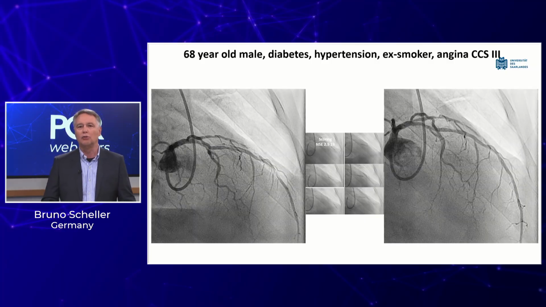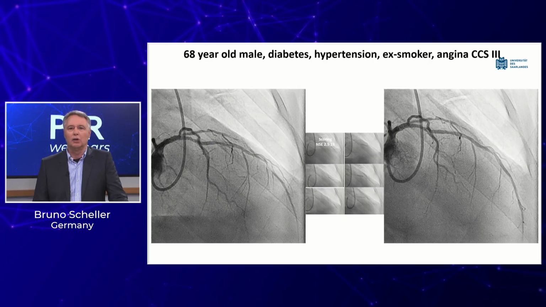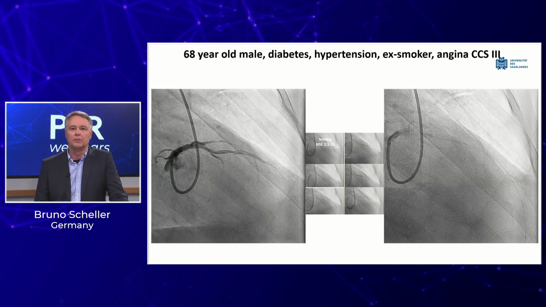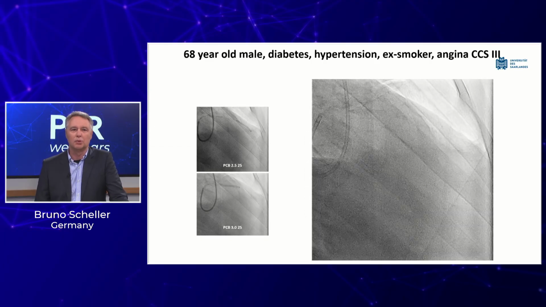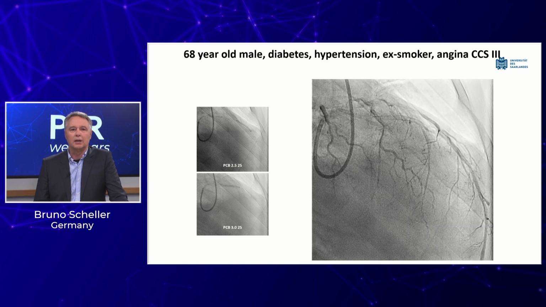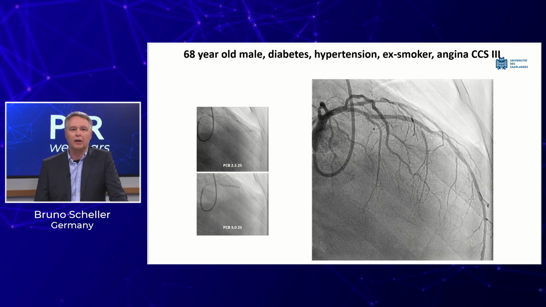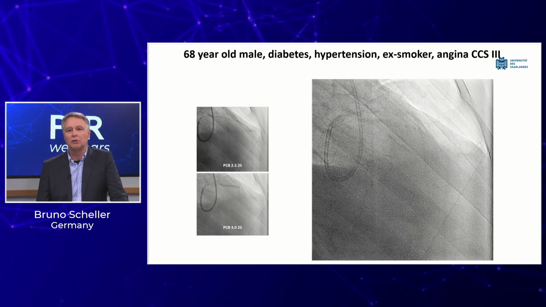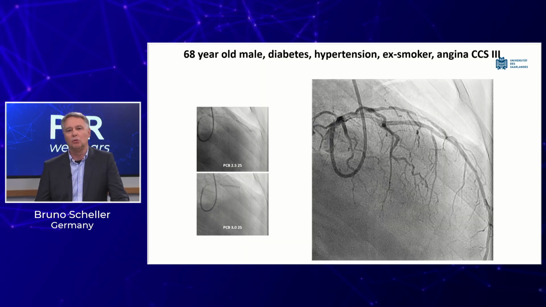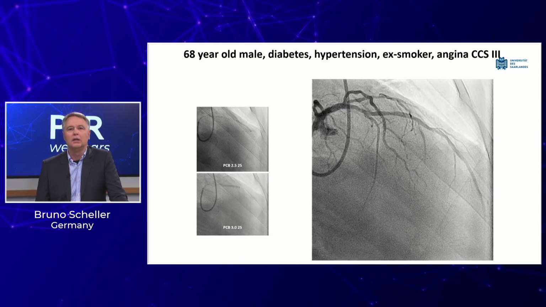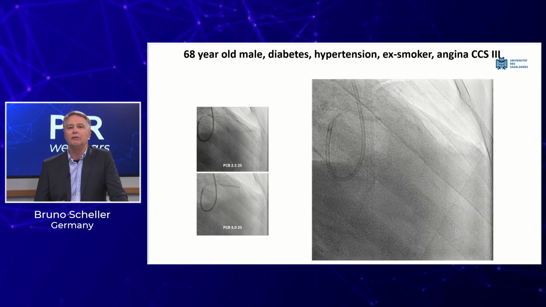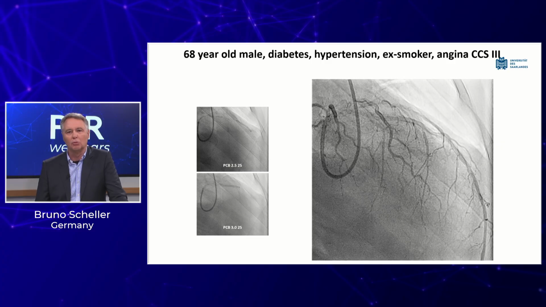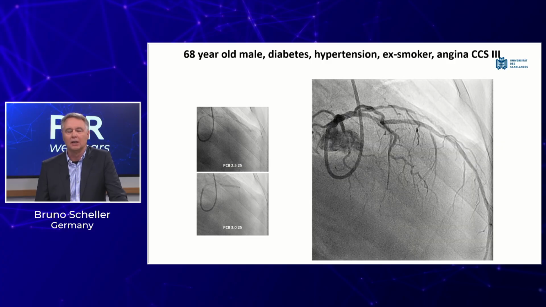And this result now fulfills the criteria of DCB only for a successful lesion preparation. And I ended up with 2.5, 2.5 and 3.0 paclitaxel-coated balloons in this area. And you can see that with these longer balloon inflations with the DCB, the result has improved even more, and this almost looks like a stenting.